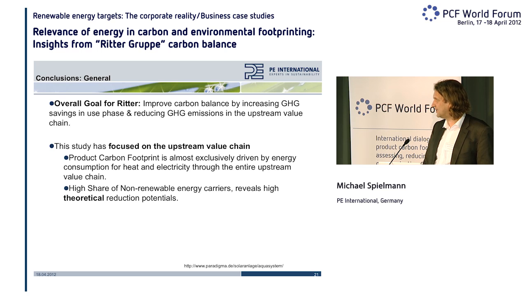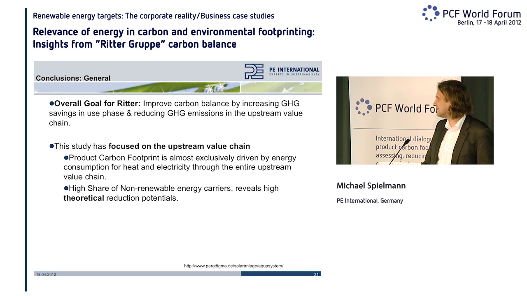The study I just presented was focusing on the upstream value chain, and the finding was, and that's not a big surprise but it was a proof, that the carbon footprint is dominated by heat and electricity. That is something you would expect. We are not having cows involved, so we don't have fertilizers involved, so that's just another proof for it.